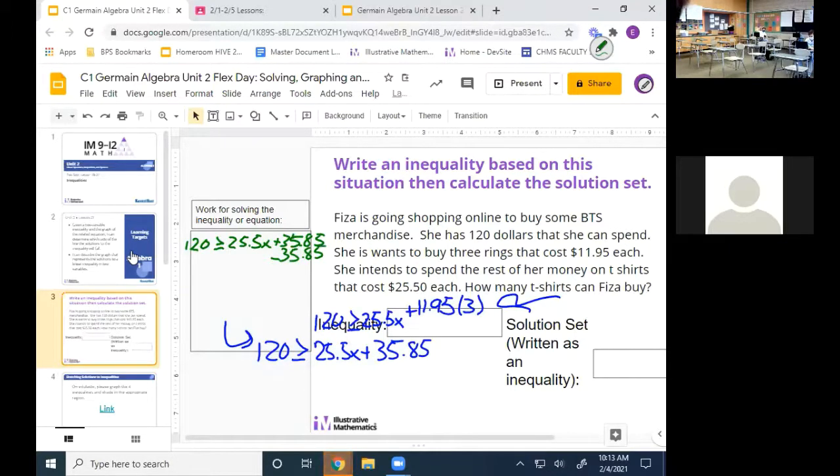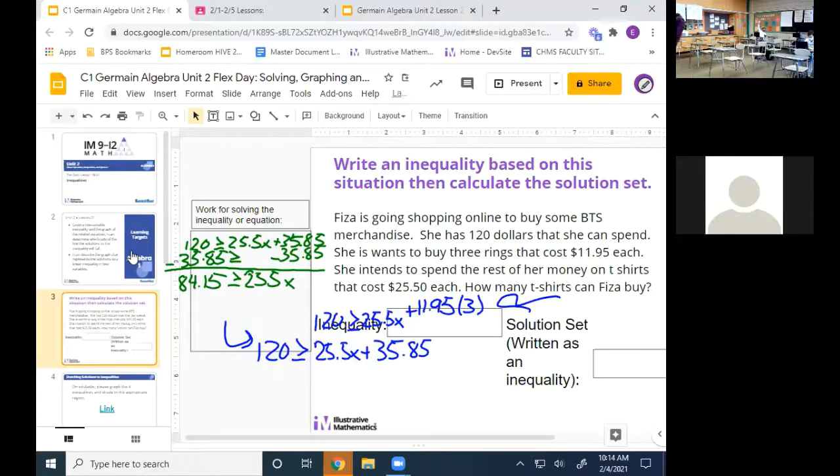And then what would we get? 120 minus 35.85? 84.15. Very good. 84.15 is greater than or equal to 25.50x. What's my next move? John, how would I get that x by itself?